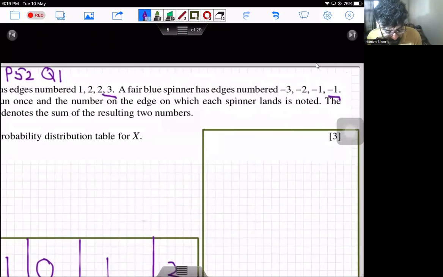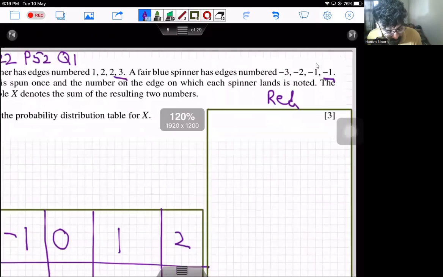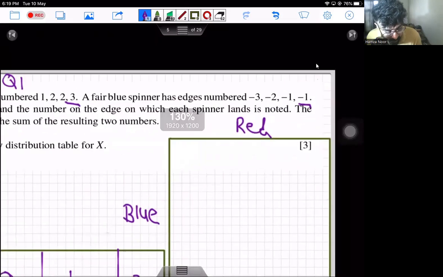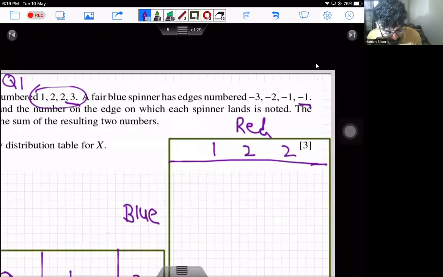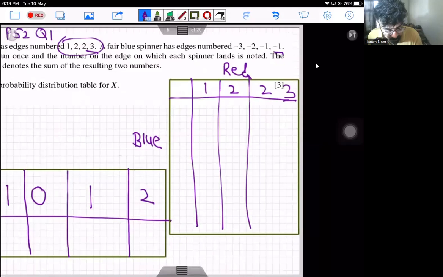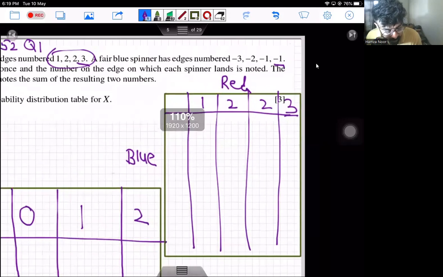Here we have the red spinner, here we have the blue spinner. The possible scores on red are 1, 2, 2, 3, so just write them over here. And the scores on the blue spinner are -3, -2, -1, -1.